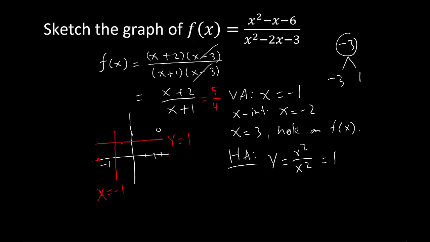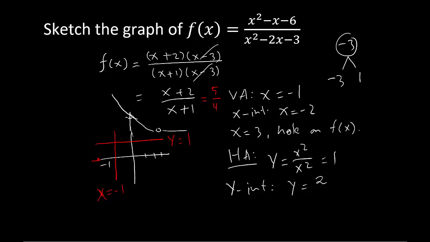Now, also you can check what the y-intercept is. So for the y-intercept, when you say x equals 0, the y-intercept will be y equals 0 plus 2 over 0 plus 1, which is 2. So y-intercept is 2 here. Now we have a clear picture that my graph actually goes like this.